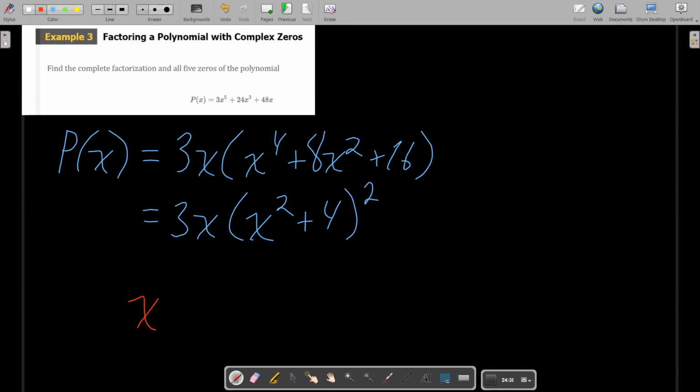So we'd say x squared plus 4 squared is equal to 0. Obviously the square root of 0 is 0, so we'd say x squared plus 4 is equal to 0.